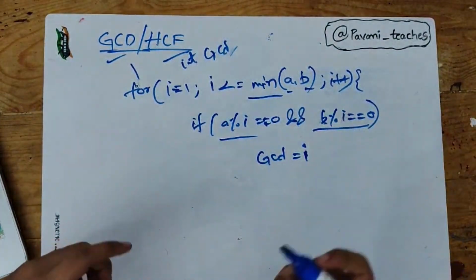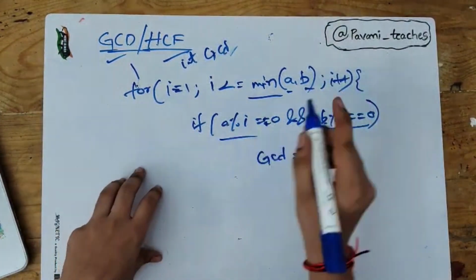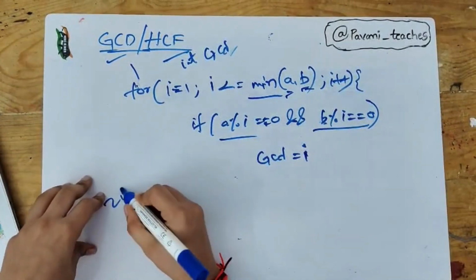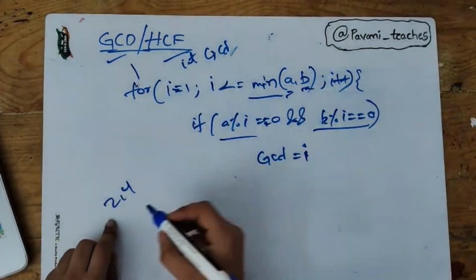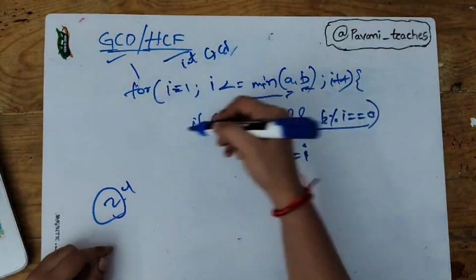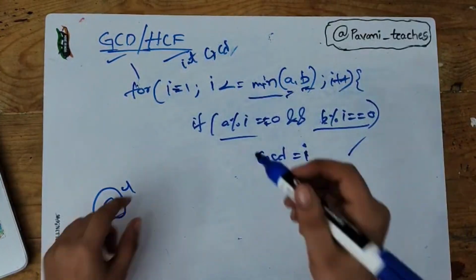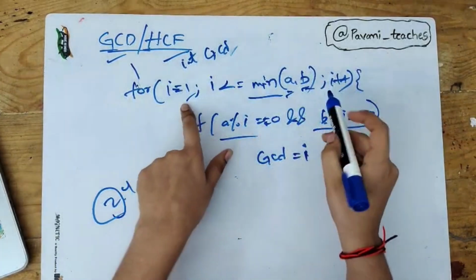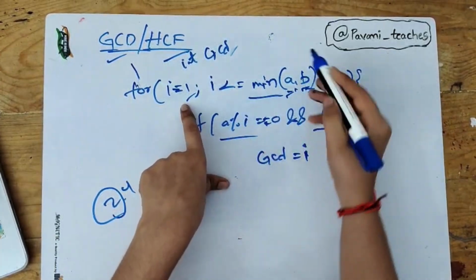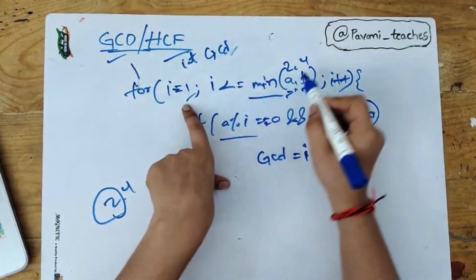Now I'll explain the iteration part first. Suppose I take a and b as 2, 4. Then up to 2 this for loop should get executed. First it will check i. Yes, i is less than or equal to 2.